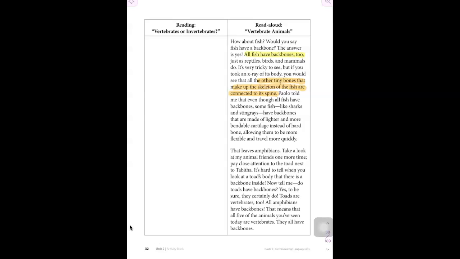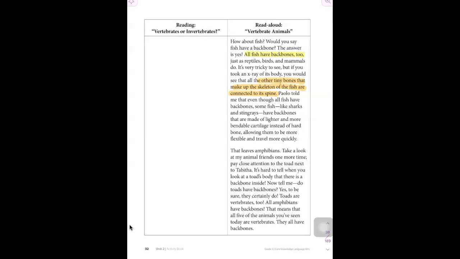So it tells us all the tiny bones that make up the skeleton of the fish are connected to its spine.